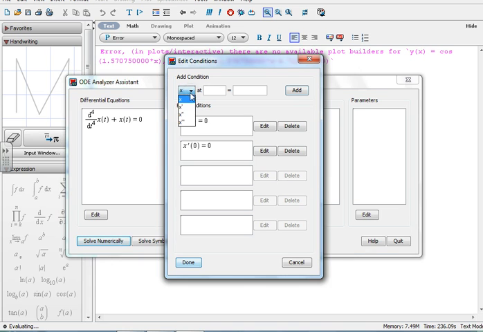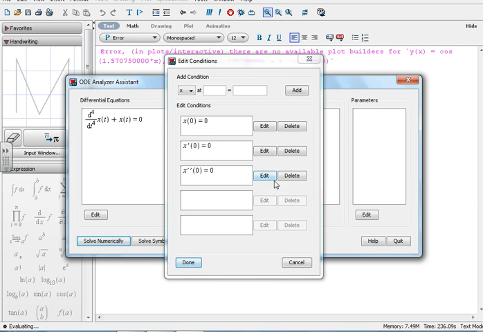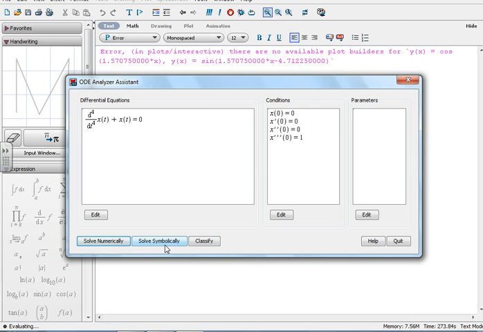Okay, and then we're going to have x double prime at 0 is 0, add. And then we're going to have x triple prime at 0 is 1, add. Now, why did those other guys complain? All right, solve.